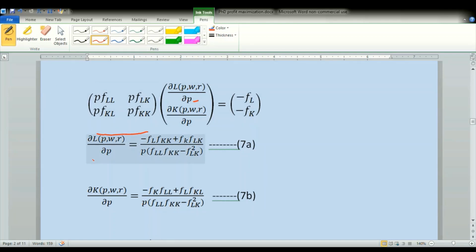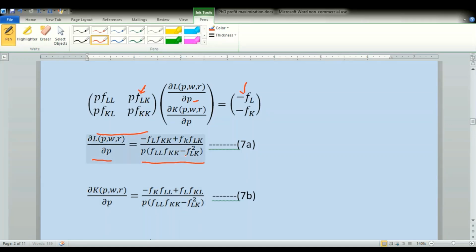First for ∂L/∂p, you can check that the outcome is equation 7a. And similarly, when I was writing down the equation for ∂K/∂p, I put this vector in the second column and then solve the system using Cramer's rule.